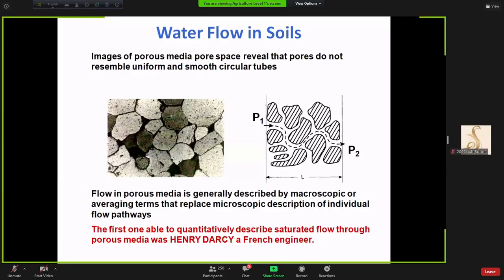Yes, sir. Okay, so can we now move forward to the next chapter, which is water flow in soils? Water flow in soils, water movement in soil. This chapter is very important for you, and it deserves more attention than other usual lectures, because this is very important.